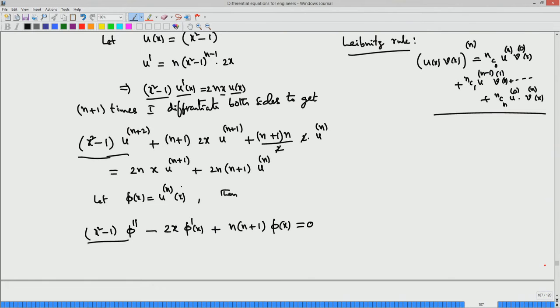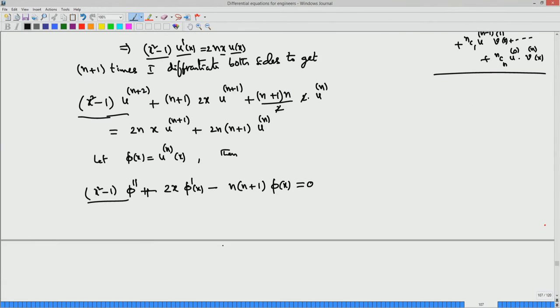This is plus, and u^(n) has n(n+1) and 2n(n+1); when it comes to this side, it will be minus. So this is nothing but your Legendre equation: φ'' − 2x φ' + n(n+1) φ(x) = 0.